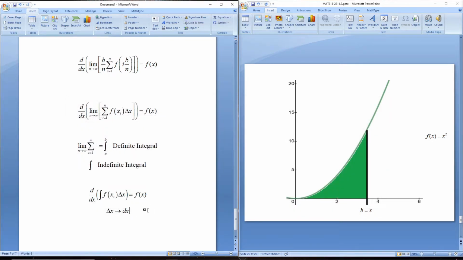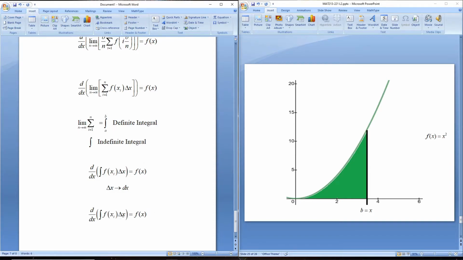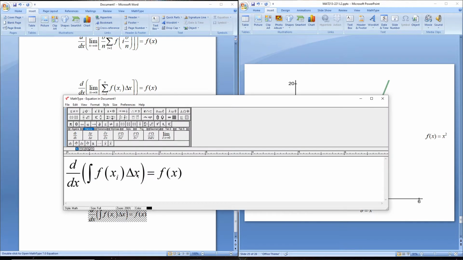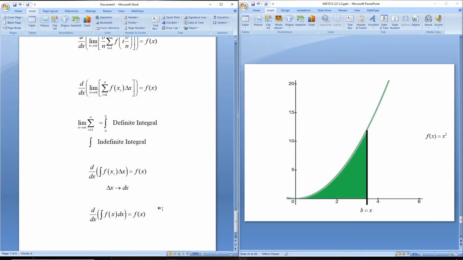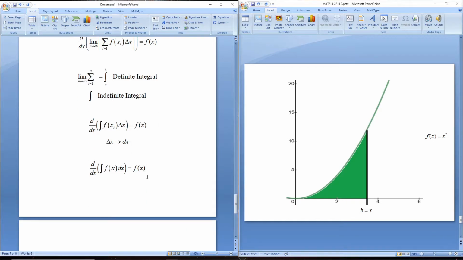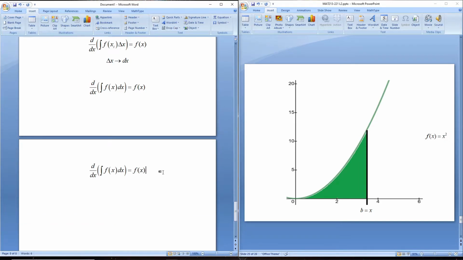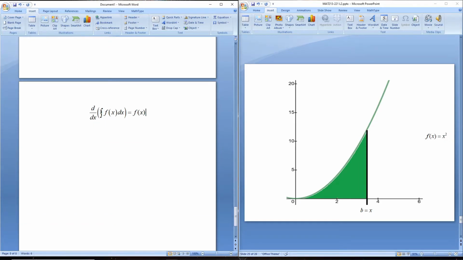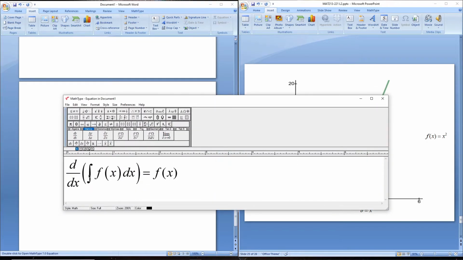And so since we're taking our expression and making it into calculus here, this delta x does go to dx. And we no longer need to increment the i's anymore, because now dx is an infinitesimal. And this is our expression. And then this is our integral.